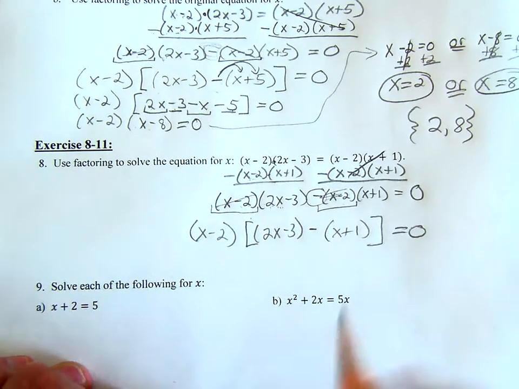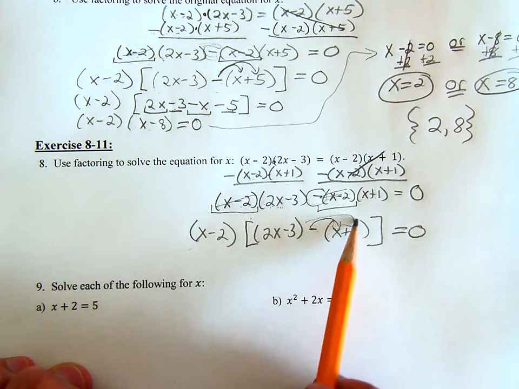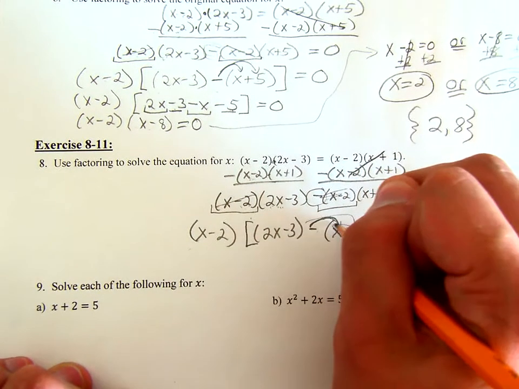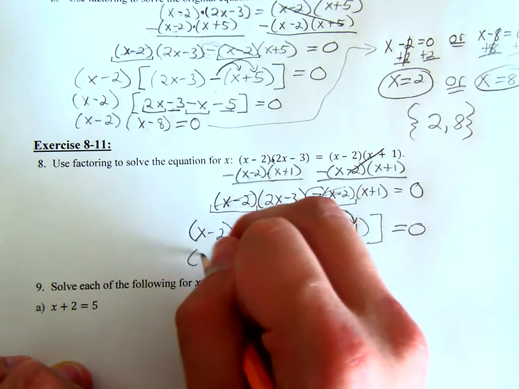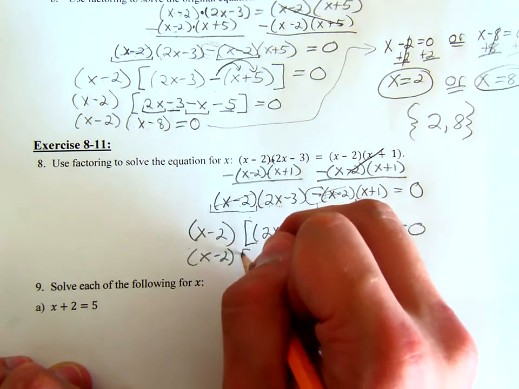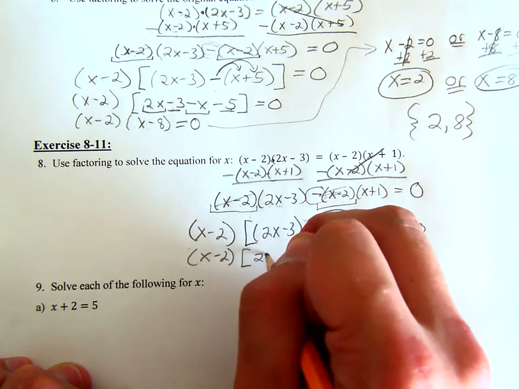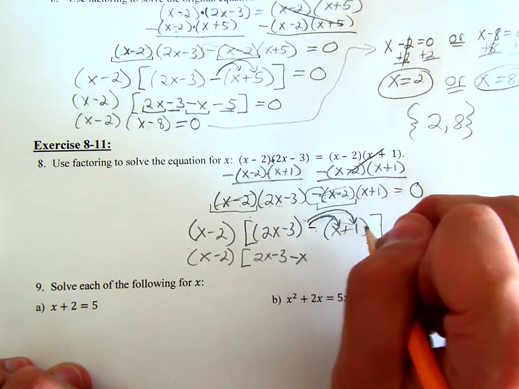is equal to 0. And again, if we look at this, since we have subtraction, we can distribute this negative. So distribute the negative to both terms. So we're going to get that x minus 2 times 2x minus 3. Negative times x is a minus x. Negative times 1 is a minus 1.